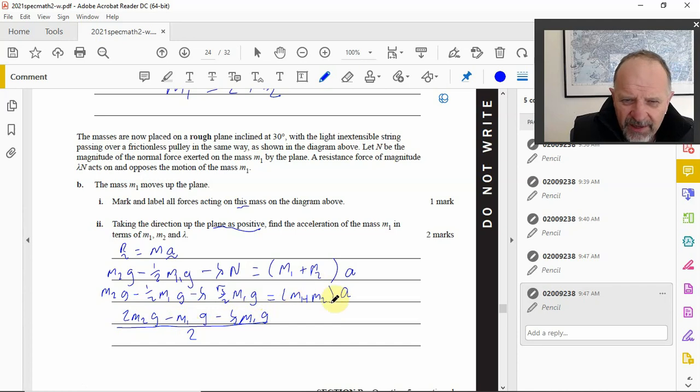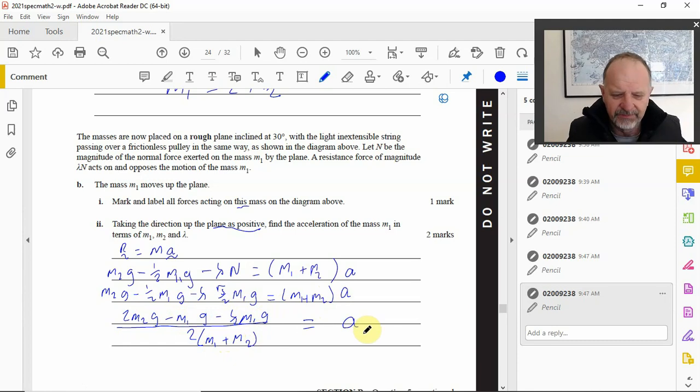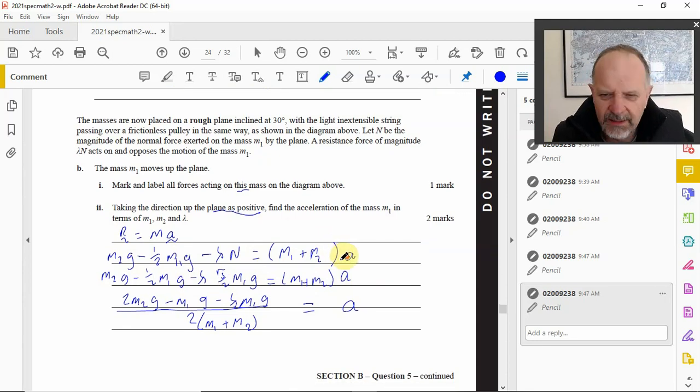And then when I rearrange and divide both sides by M1 plus M2, I then get the acceleration. So there's our expression for the acceleration of that mass.